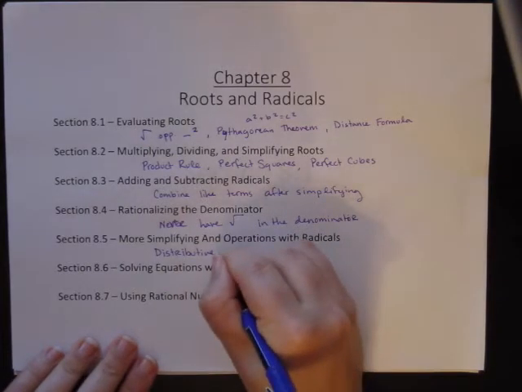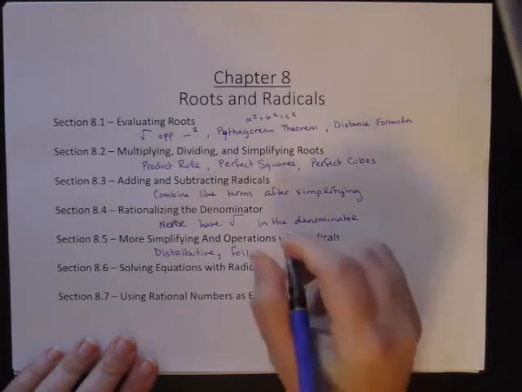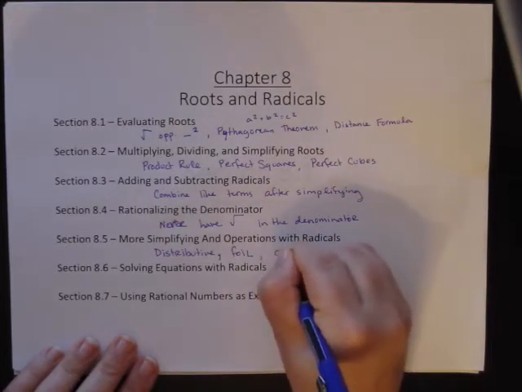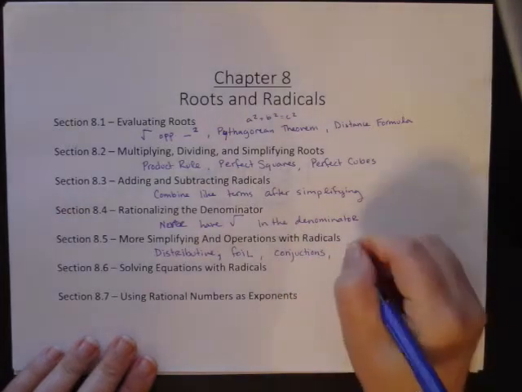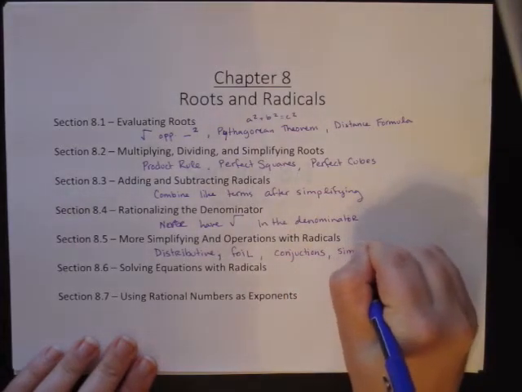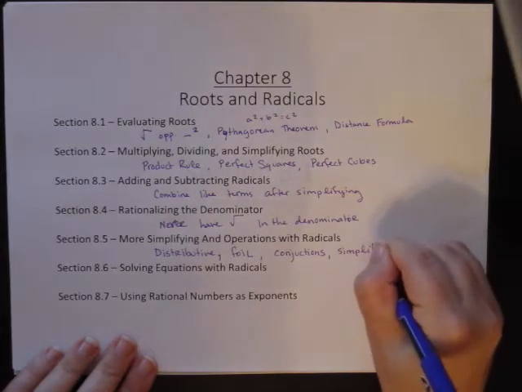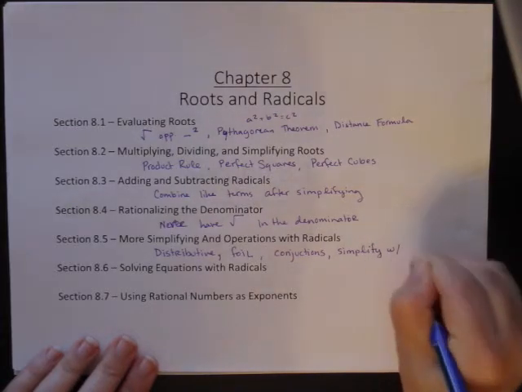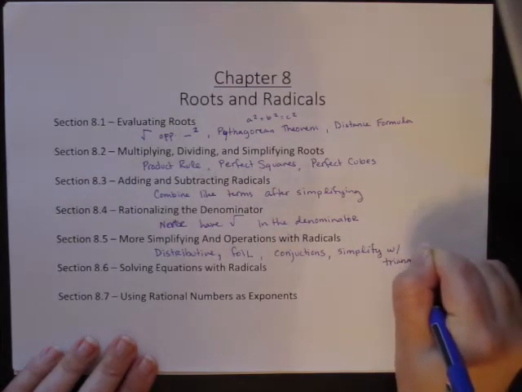We're going to look at FOILing. We're going to look at conjugates. And then we're going to simplify with the triangle method.